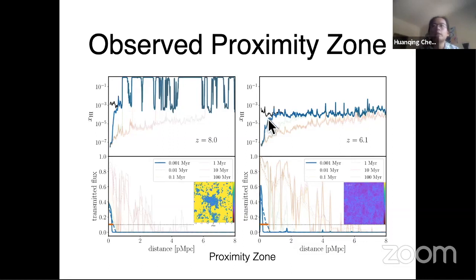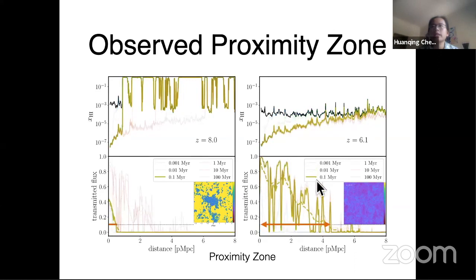So the time scale for the quasar proximity zone to grow is set rather by the time scale for the IGM to reach a new ionization equilibrium. I put them side by side so you can compare how this proximity zone evolves.